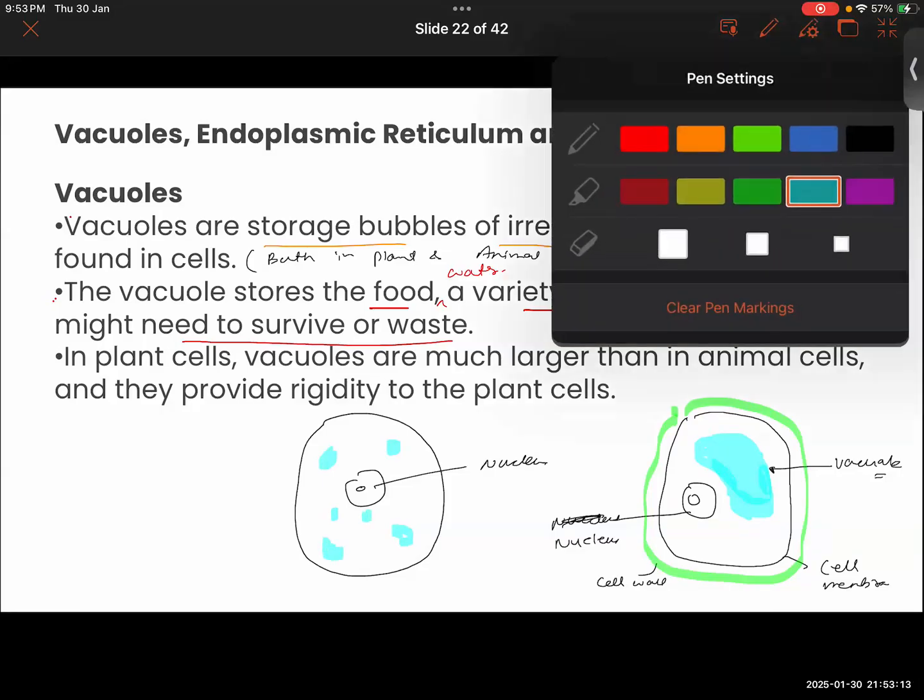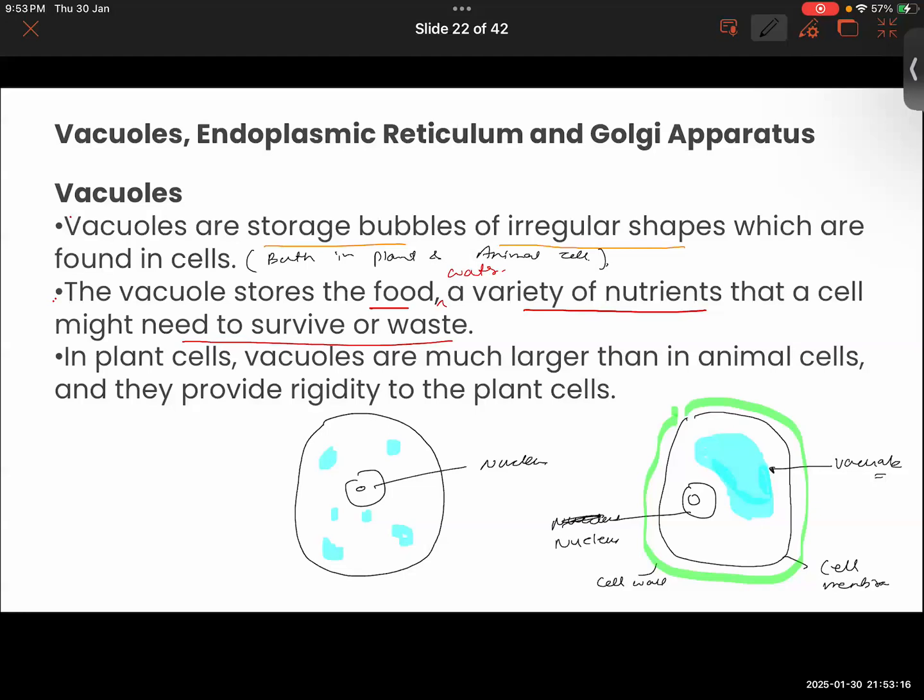So there are few vacuoles in plant cells, but they are bigger in size, much larger than in animal cells. Getting it, all of you? Yes, sir. In animal cells there are more vacuoles, but they are smaller in size.